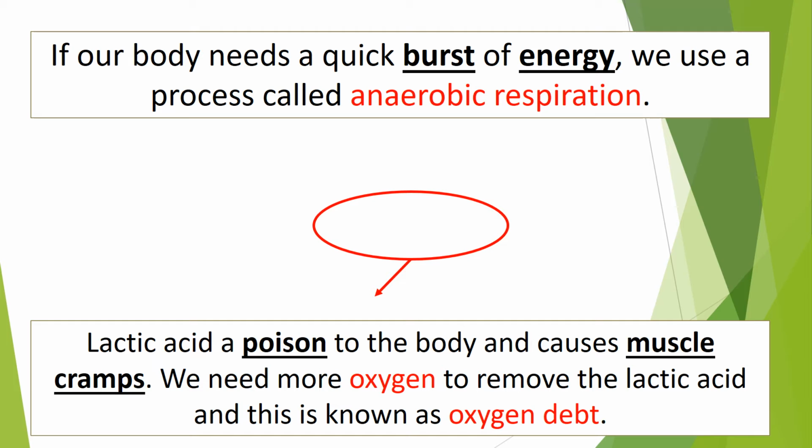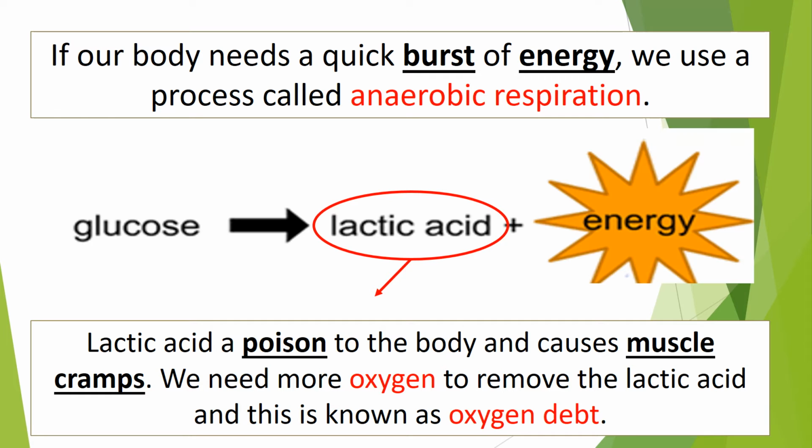Anaerobic respiration is basically respiring without oxygen. We use that glucose and we can produce energy. It doesn't produce as much energy. For every molecule of glucose, we produce significantly less energy, but it does give us a burst of energy.